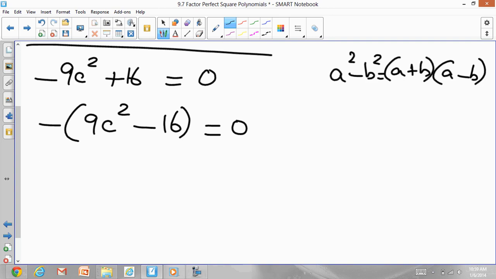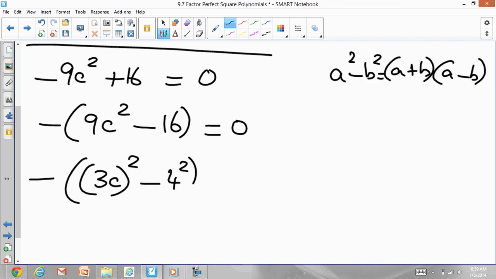So now I'm going to rearrange it to look like 3c the whole squared minus 4 squared. This is almost like solving a puzzle, knowing how to break your 9c squared as 3c, and the 2 goes for both of them. And your 16 is nothing but 4 squared. So now your formula, a is this, and b is this.